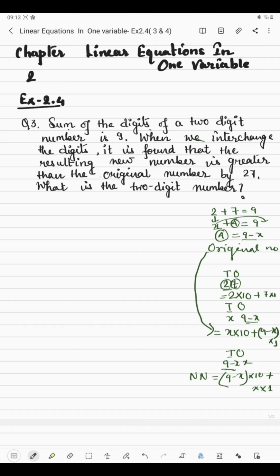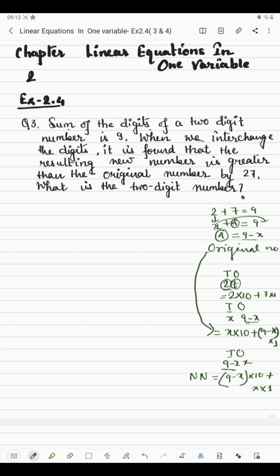Here we will consider x to be at the 10's place, and 9 minus x at the unit place.